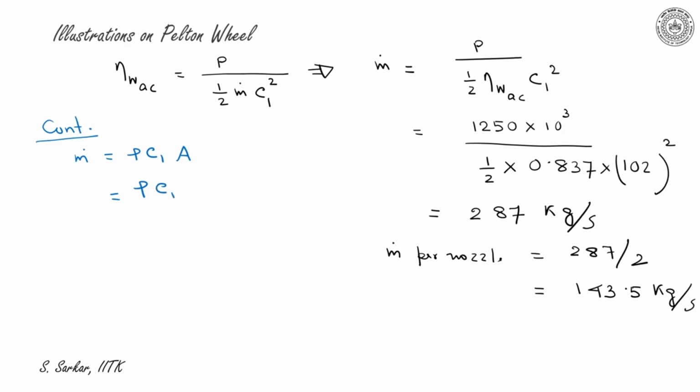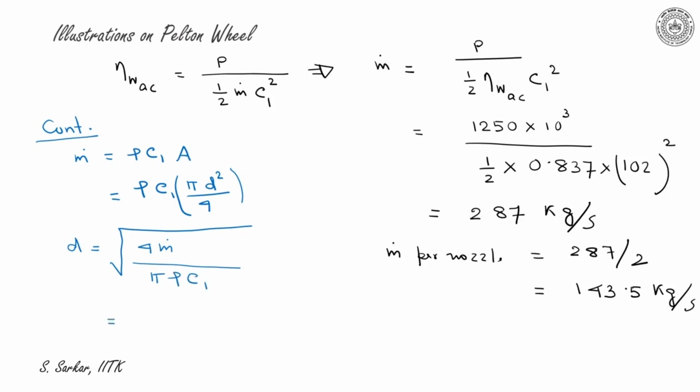If the diameter of the jet is small d, I can write πd squared divided by 4. This is the area. Now from here I can evaluate d. So d can be expressed as root over 4 m dot divided by π rho C1. Put the value of all the quantities.